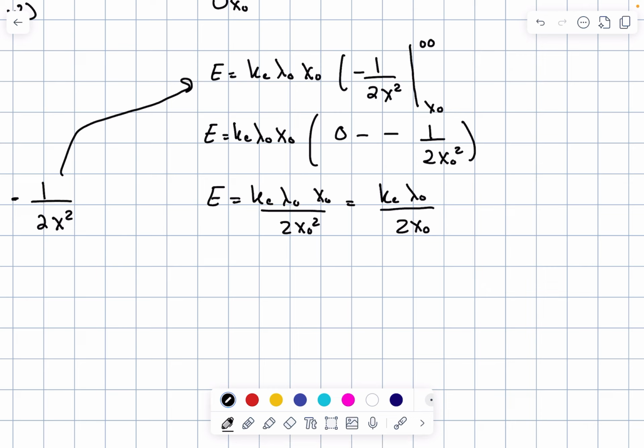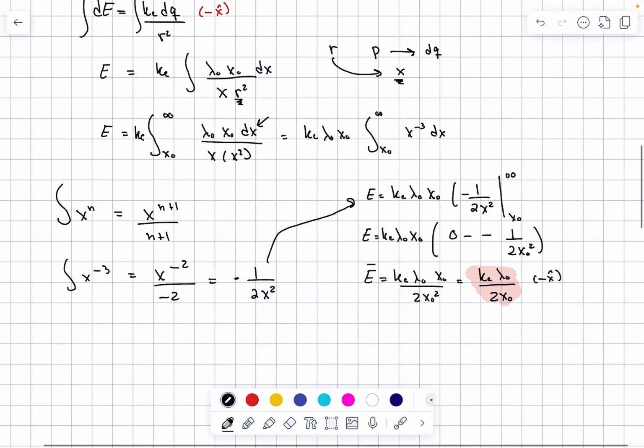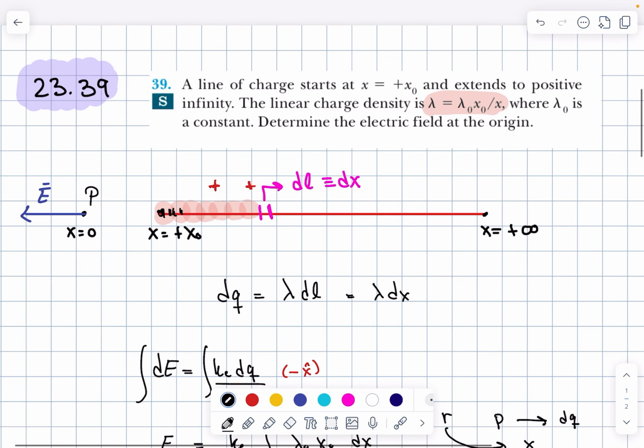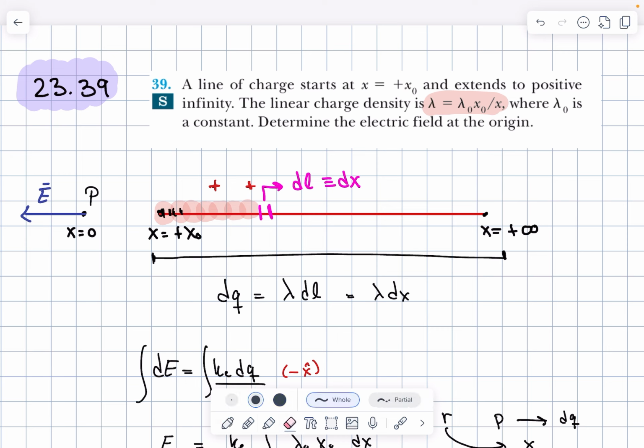So this is our answer, and this is our electric field, and we know that it is pointing in the negative x hat direction. Let's go over this one more time to explain what happened. We had a line of charge starting at x naught and going all the way to infinity.